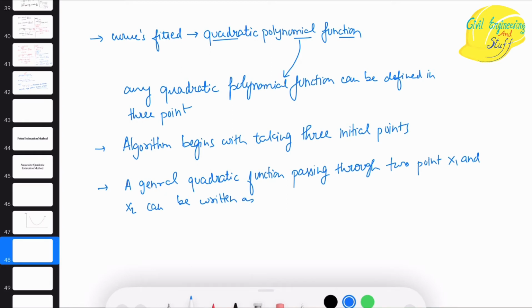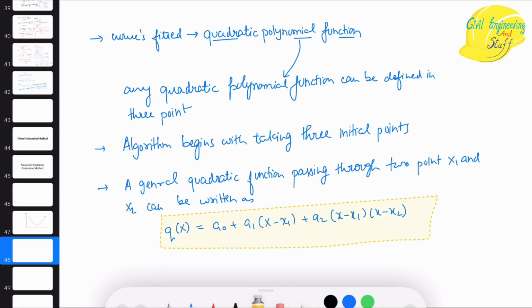And this equation is q(x) is equal to a0 plus a1 (x minus x1) plus a2 (x minus x1)(x minus x2). Okay, so this is the general equation, right?